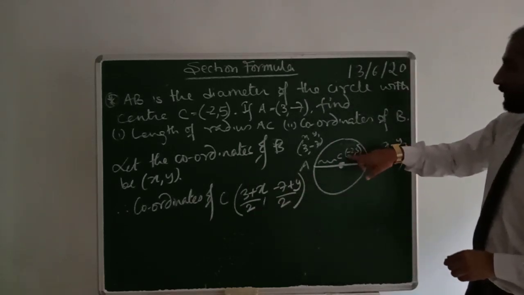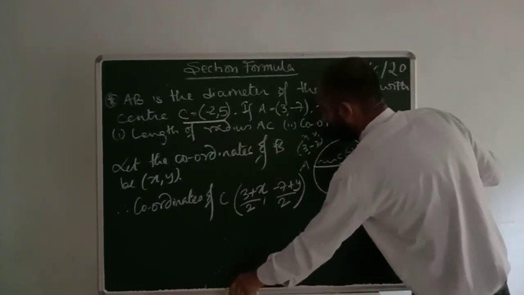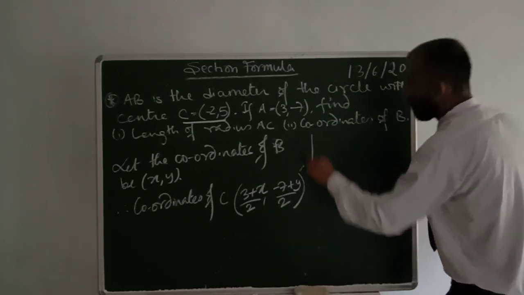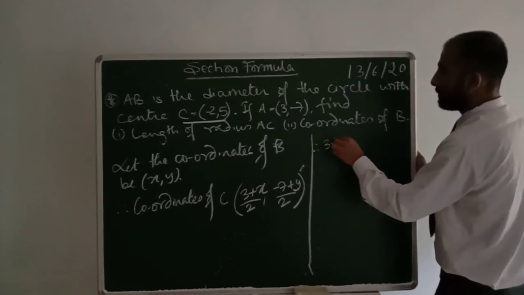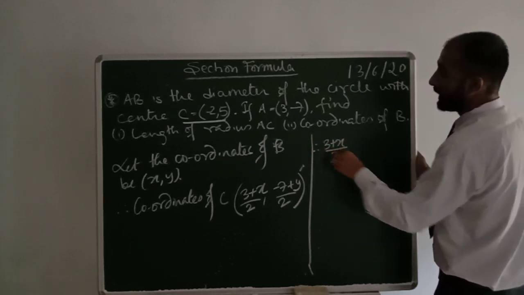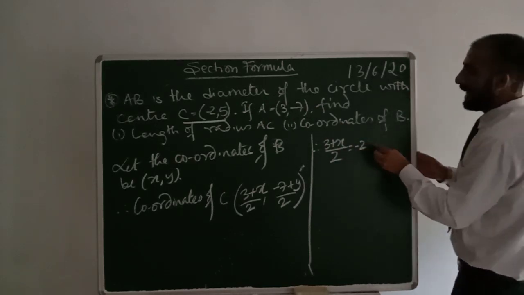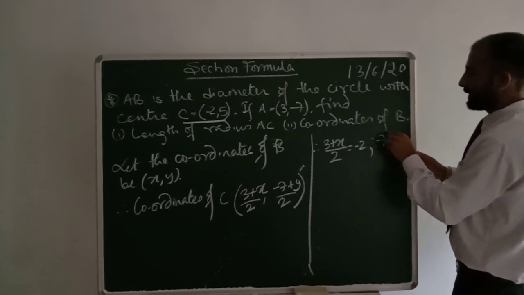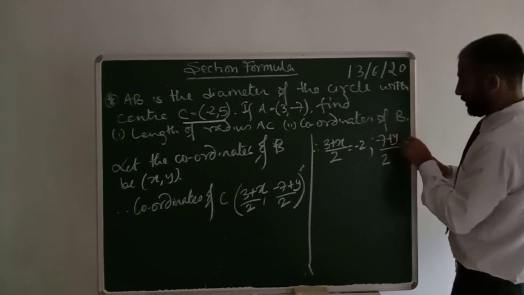But we are already given the coordinate of C. You can see here. So let us equate it with the given coordinates. Therefore, (3 + x) by 2 is equal to -2 and (-7 + y) by 2 equals 5.